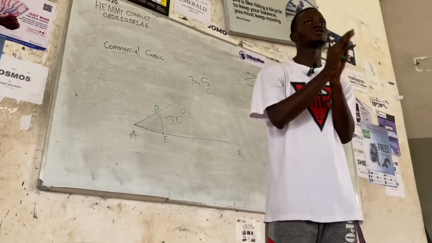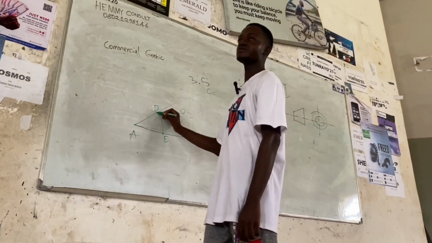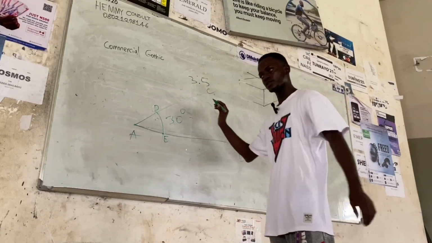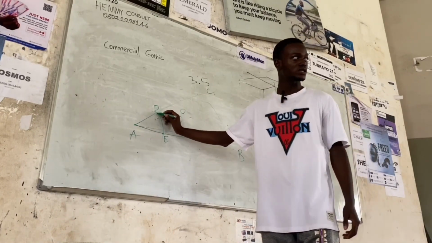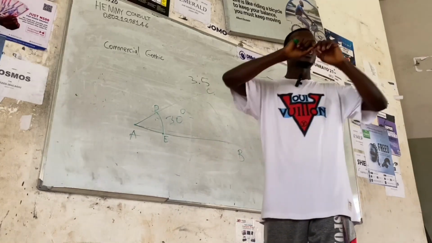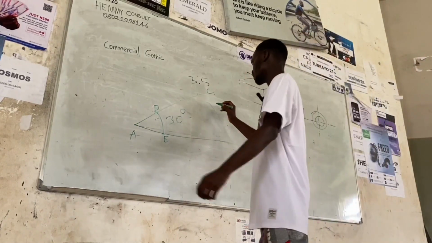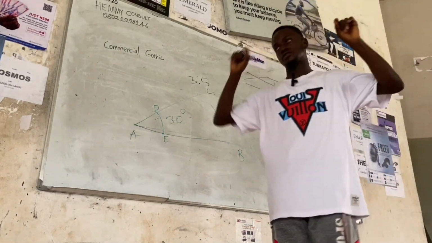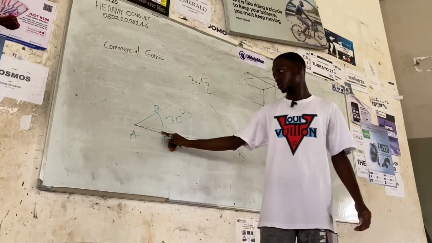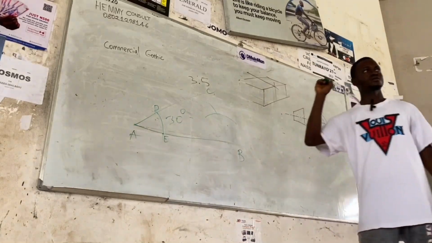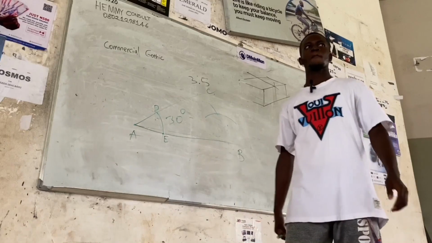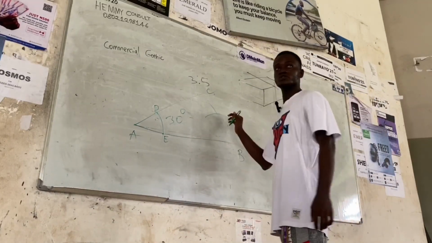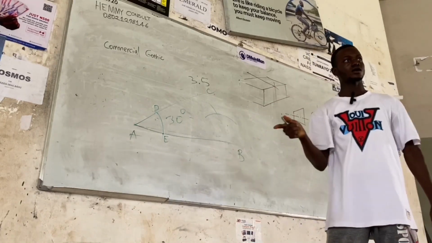From D you strike another arc, where you place your compass at D. With that same radius, you place it at E and strike another arc to intersect the first arc.